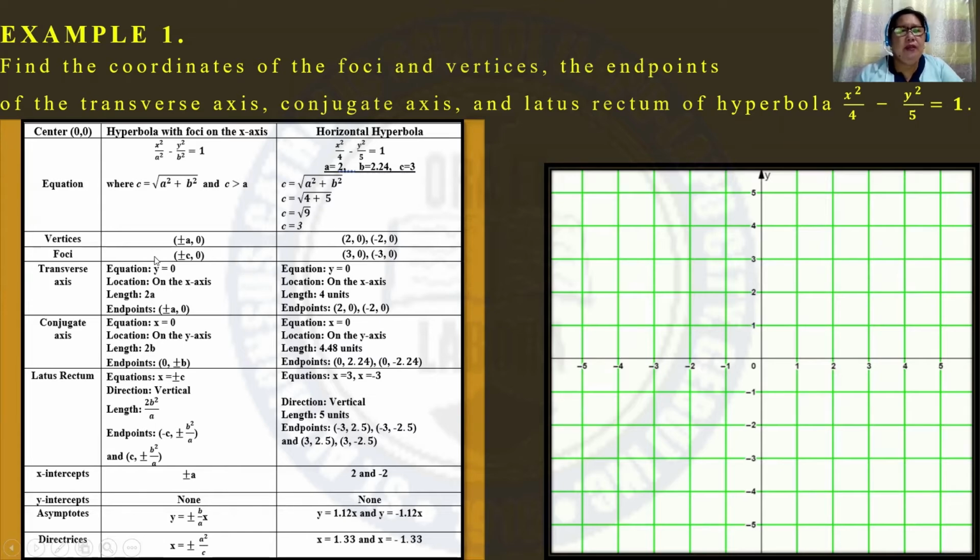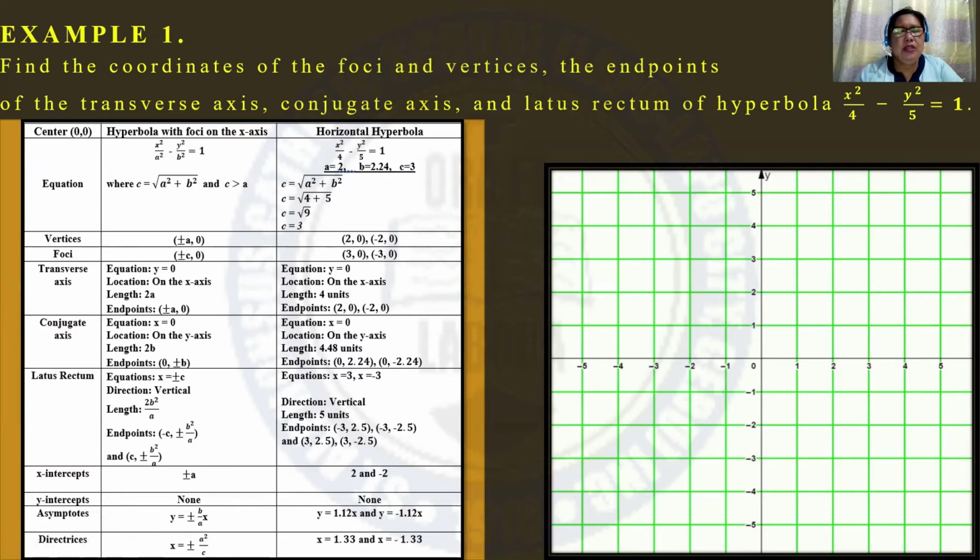So what we have for the vertices, since a is 2, one vertex is with coordinates 2, 0 and the other is negative 2, 0. For the foci, c is 3. So we have 3, 0 and negative 3, 0.